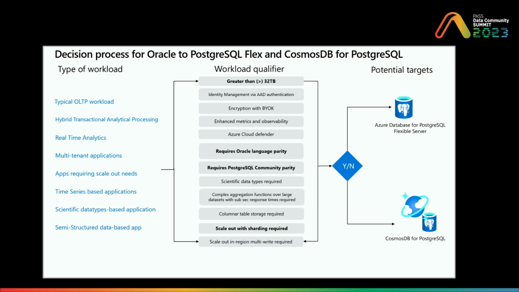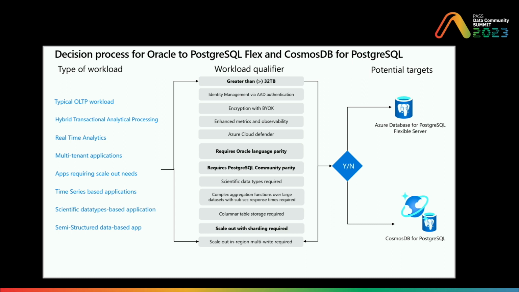If somebody tells me that I have a typical OLTP system and my database size today is somewhere close to 15 to 20 terabytes, and I expect maybe another 10 terabytes of growth in the next 5 years, our simple recommendation is to go ahead and start your migration to PostgreSQL Flex Server, because that's where all your needs are going to be met. It can support you up to 32 terabytes as of today, and we have all the bells and whistles out there.